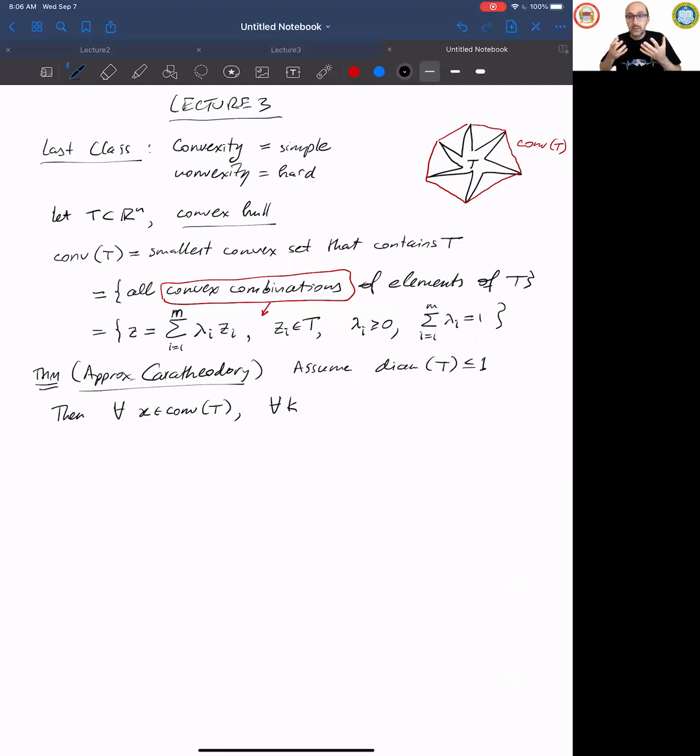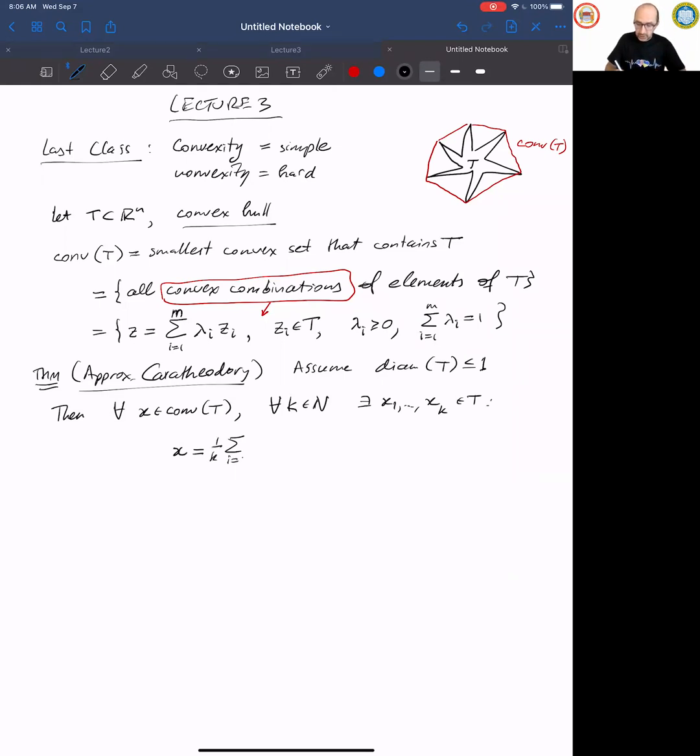we can even set a budget. We can say, okay, I want to represent it with just k terms. So for any k, I can find points x_1 through x_k in T, so that I can represent x as an approximate convex combination with this many terms, the sum of lambda_i x_i. But these lambdas are actually all equal.